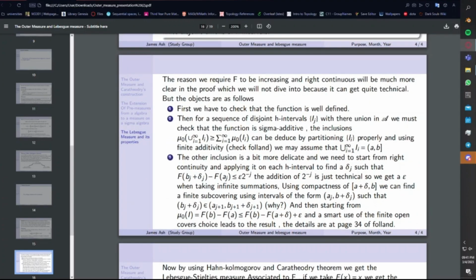As for the proof, you're going to use the compactness of [a plus delta, b], and the fact that you can take a finite open covering of this compact set. So again, you're going to do a certain epsilon argument. I'm not going to go into a lot of detail because it's quite a heavy idea, which is going to take a while to fully appreciate.